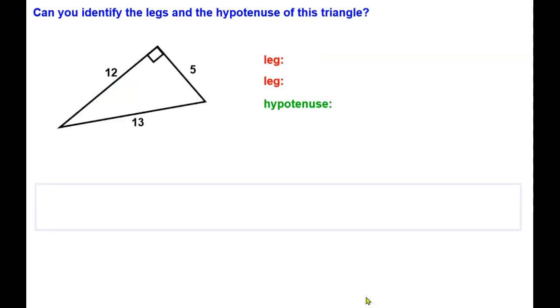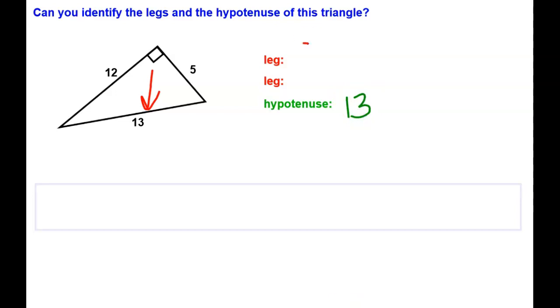I've rotated the triangle a bit just to see if it confuses you. So two of those numbers are legs, and one is the hypotenuse. Do you remember how to find it? Well, there's two ways. If you have a drawing, go to the right angle and go across. The second is to look for the biggest number. The hypotenuse in this diagram is 13.